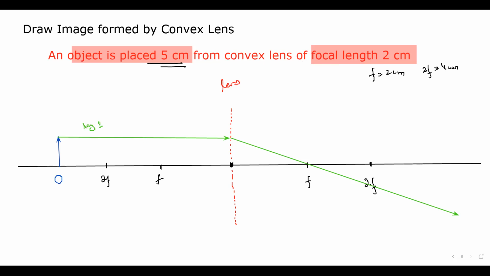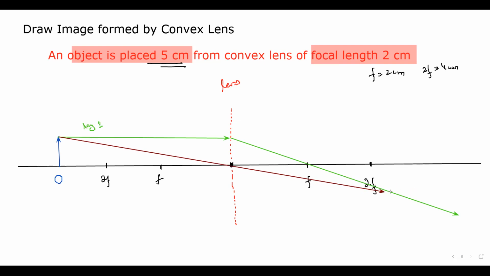For ray 2, from the tip of the object, draw ray 2 to the center of the lens, and whenever a ray is passing through the center of the lens, it will pass straight.